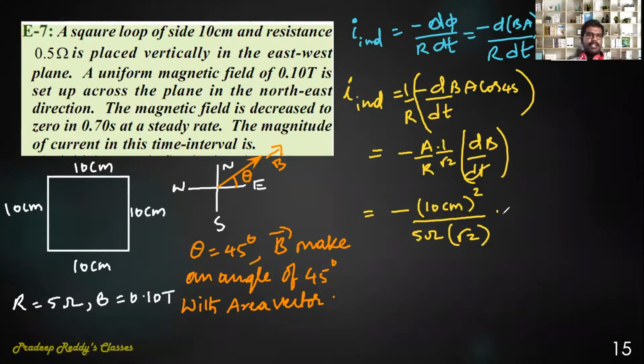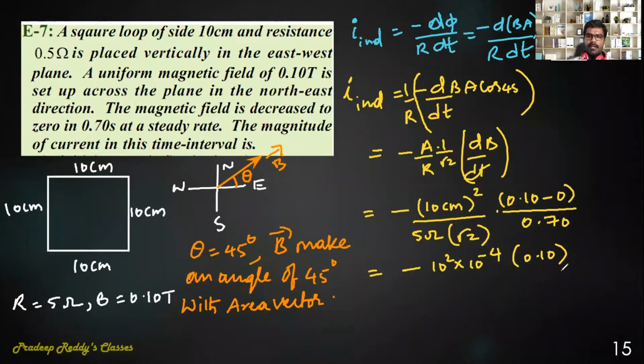The magnetic field is decreased to 0, that is 0.10 minus 0, divided by the time interval, 0.70 second. This is equal to minus 10 into 10 power 10 square into 10 power minus 4 into 0.10 divided by 5 into 1.4 into 0.70.